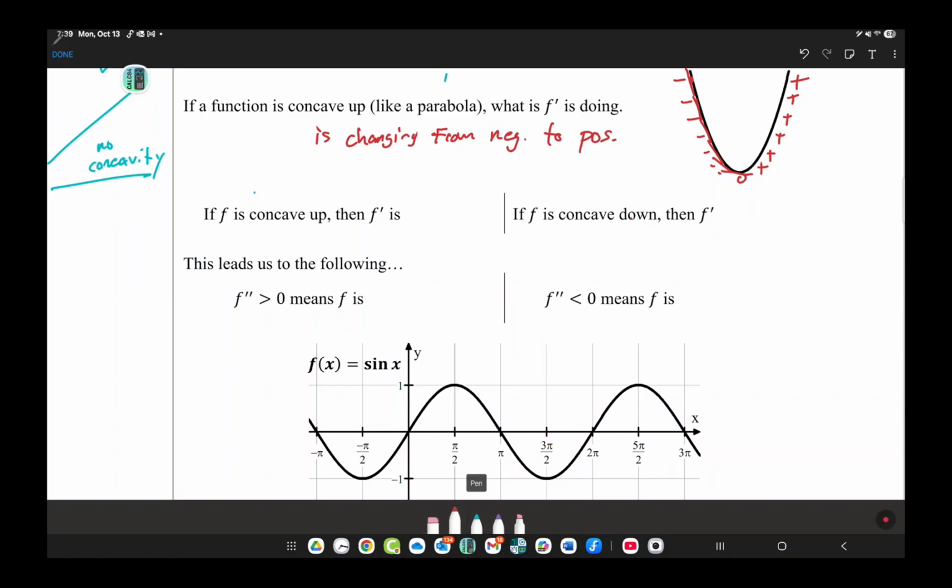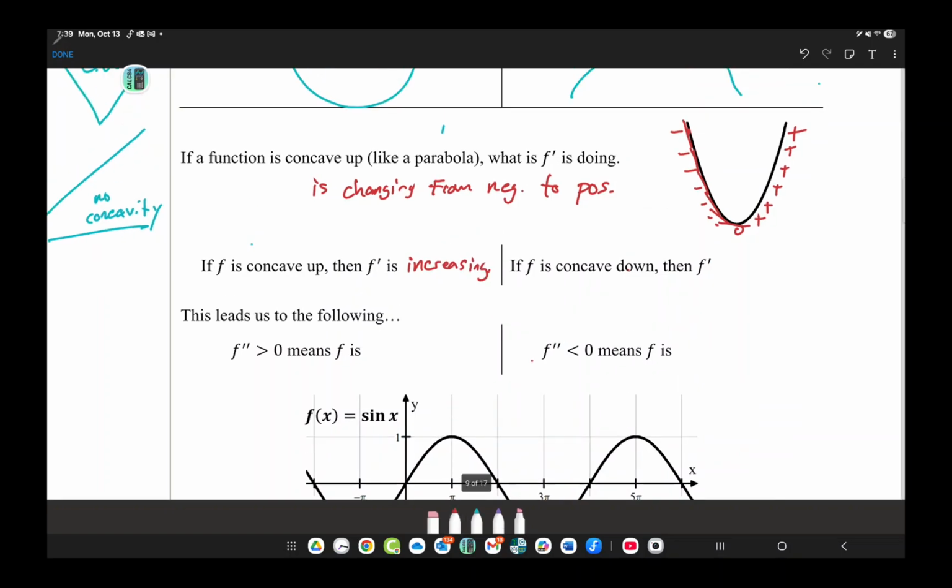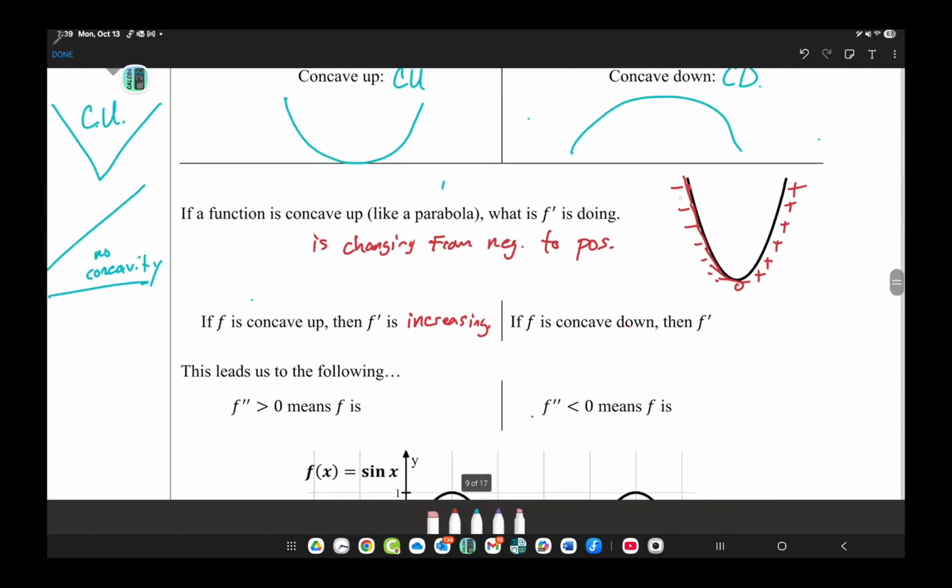Now, if f is concave up, then f prime is increasing. Even though I have a negative value, my negative value is actually going from a large negative value to a slightly smaller one until it is a tiny negative value, till it's 0, and then positive, going to much bigger positives each time.